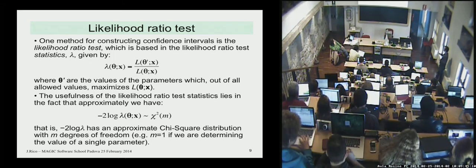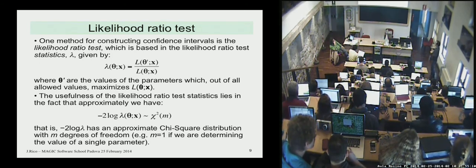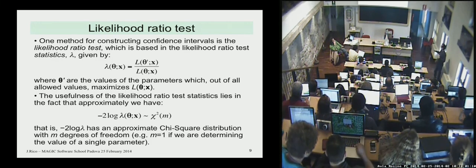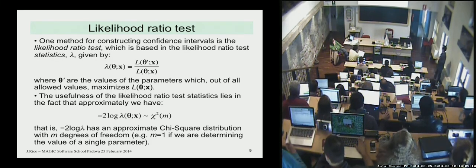It is the ratio between two likelihoods. Well, it's the same likelihood, but in the numerator we have it evaluated at the point theta prime where the likelihood is maximized, and here it is evaluated at the value of theta, which is our variable in this context.